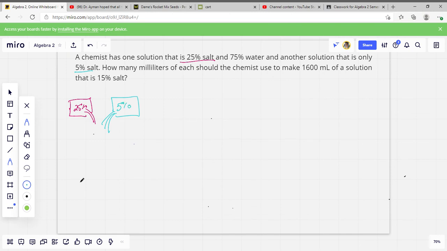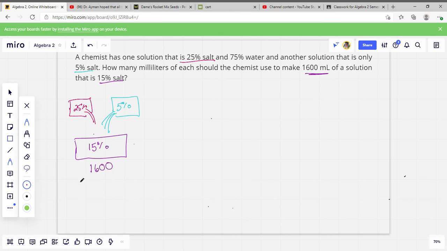How many milliliters of each did the chemist use to make 1,600 milliliters of 15%? So our product here is 15%, and it's got 1,600 milliliters.